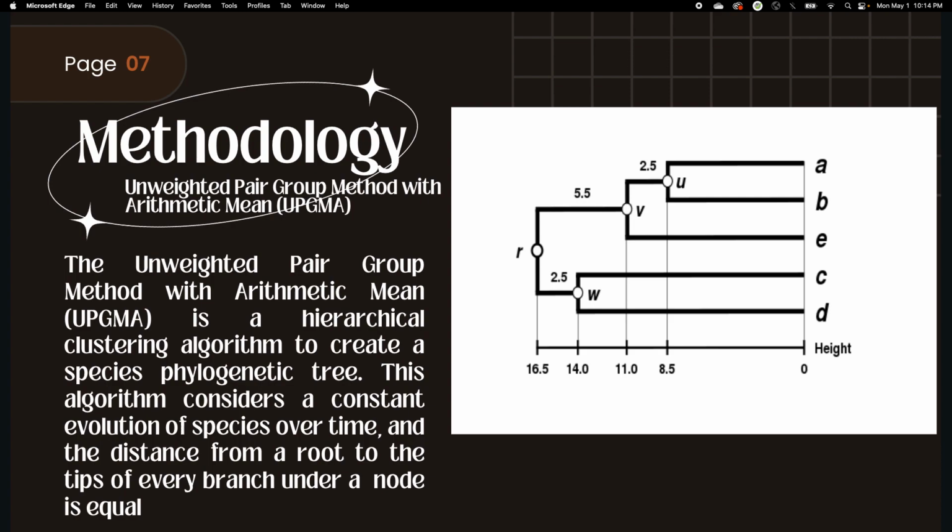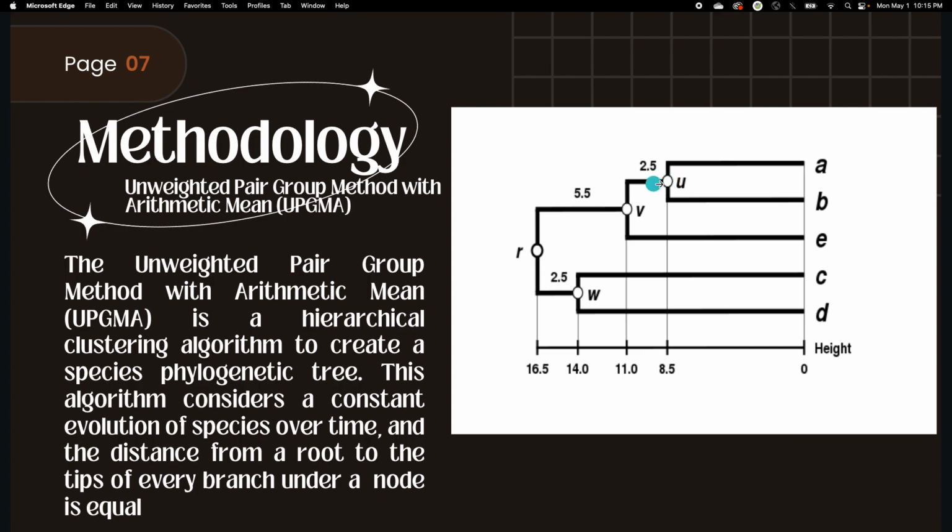If you refer to this picture, there are 5 taxa. At first they calculate the distance from each other, and they found that A and B are the closest. After finding the total distance between them, it is divided by 2 because we want the branch lengths to be the same.